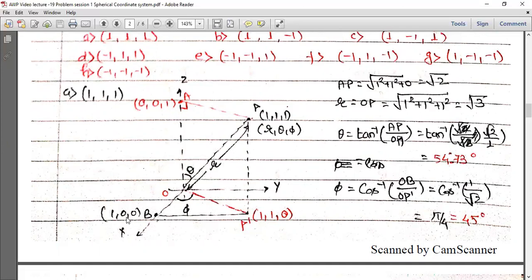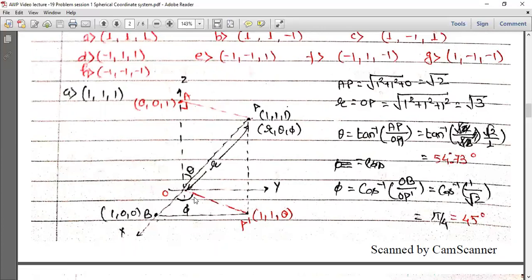So I make all these 0, and the x coordinate of point B will be equal to the x coordinate of point P dash itself. If the x coordinate of P dash is 1, the x coordinate of B is also 1, and correspondingly we have the coordinates of point B.